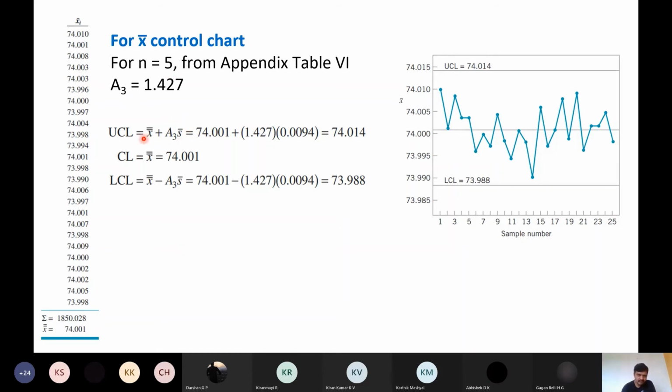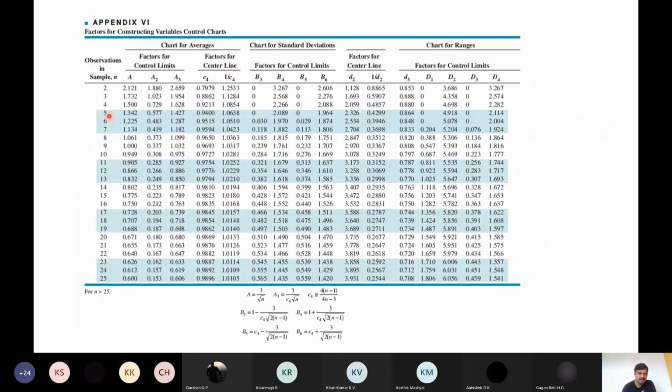Next, this is the equation for the upper control limit of the X bar chart. Use this equation. Already we know X double bar is 74.001. Substitute that value. A3 you will get from the table. Here it is sample number 5.